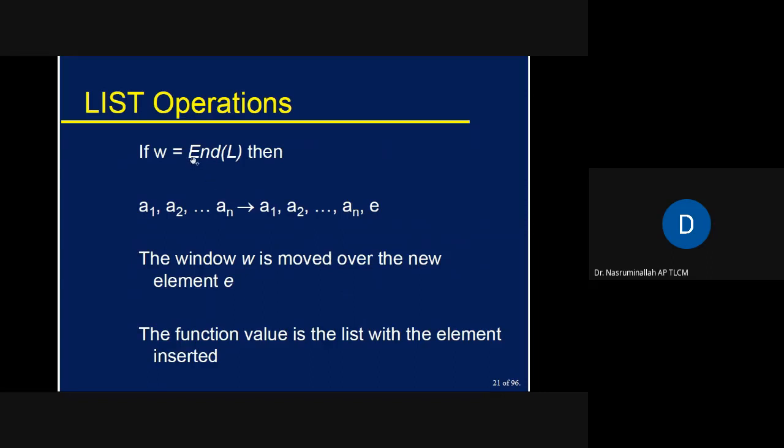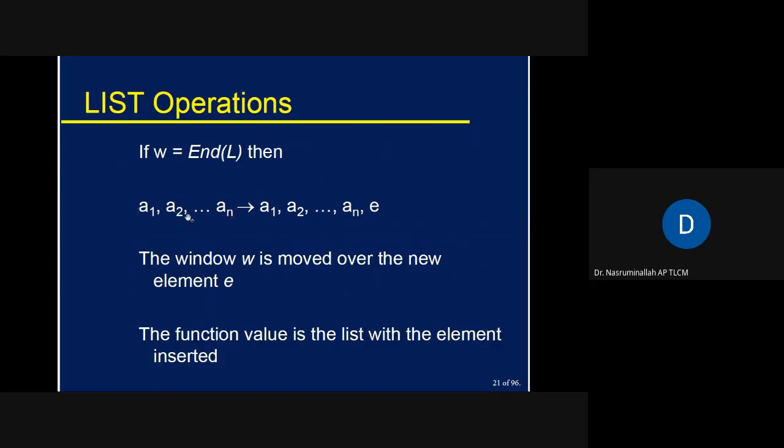If we are already at the end of the list, if we are inserting an element E at a location W representing the end of the list, then we already know that the end of the list is always empty. It means that it doesn't have any element, so we simply insert that element at the end.